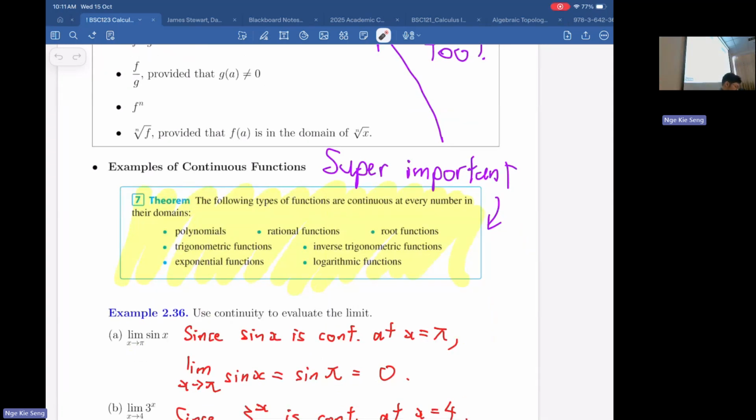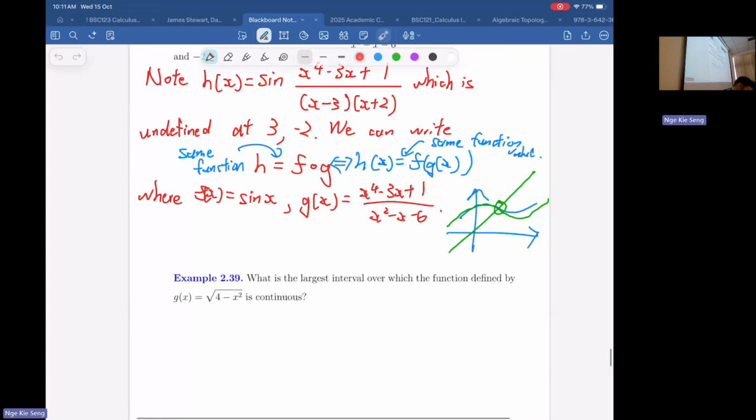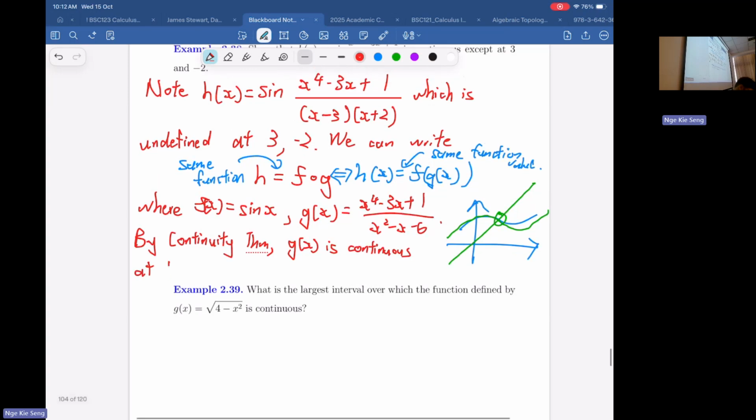So by the continuity theorem just now, g(x) is continuous at all the points that are not equal to minus 2 and 3. This is a complement sign: one set throw away the other two items, also as a set.